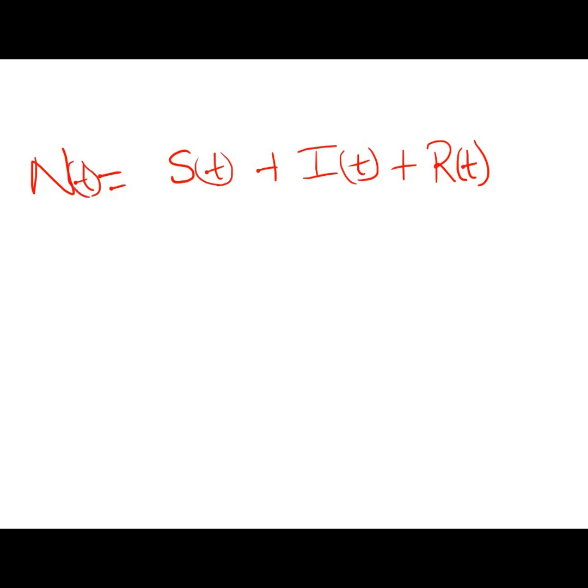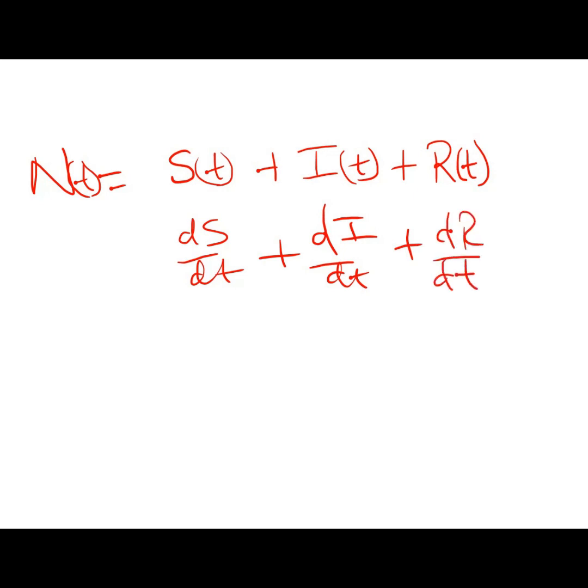So if we add dS/dt plus dI/dt and also dR/dt, what we must expect to get is dN/dt, the rate at which the total population is changing.